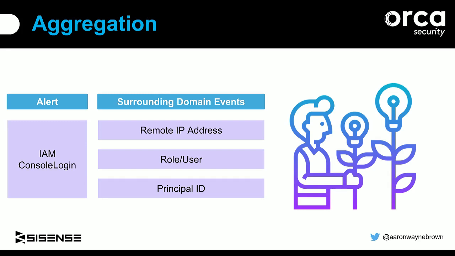Fortunately, GuardDuty and other native tools give us pretty deep insight into the metadata that surrounds this event. We can get things like the remote IP address, the role, the user, the principal ID, and we can use all of that to enrich our understanding of the action that the user is taking, and also enrich what that alert actually means and contextualize it.